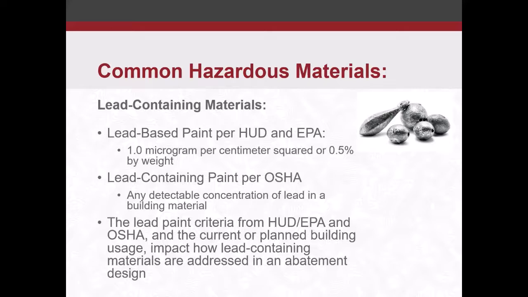So the lead paint criteria from HUD, EPA, and OSHA really depend on when each applies, more so for HUD and EPA on your current planned usage. If it's a child-occupied facility, or it's going to be converted, or it could be used for child residents or occupants, then those lead-based paint requirements would apply.